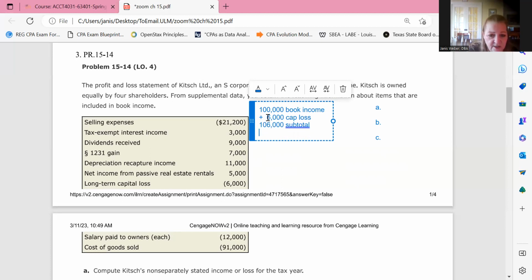The first question they're asking is what is his non-separately stated income or loss, which they call ordinary income. So we're going to remove the separately stated items. To get to his ordinary income, we take out the dividends, $9,000, because they're separately stated. Take out the tax exempt, because it's separately stated and not taxable.